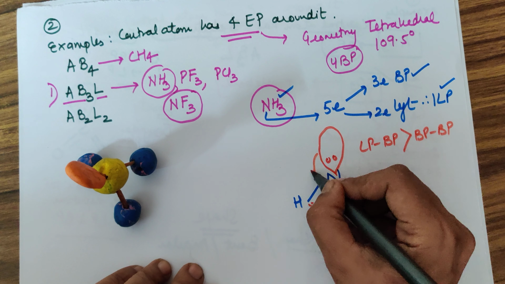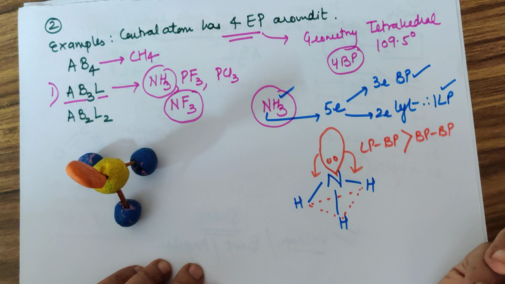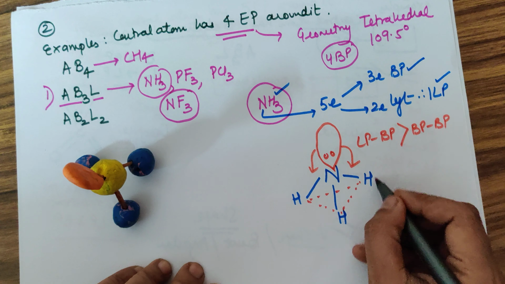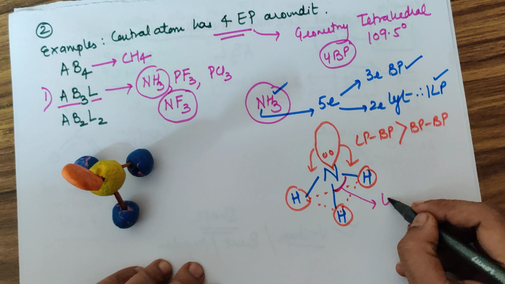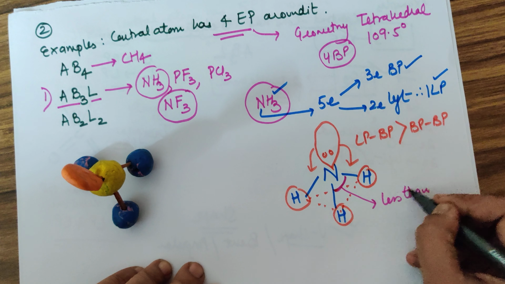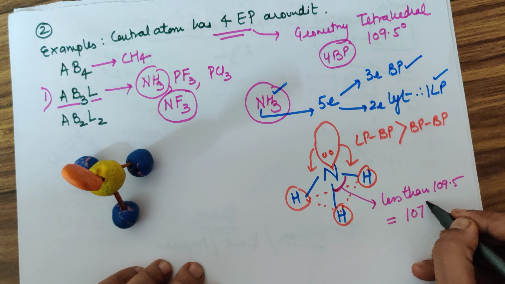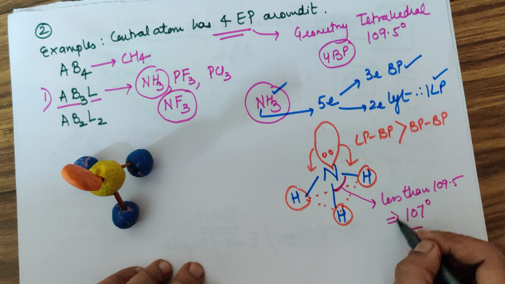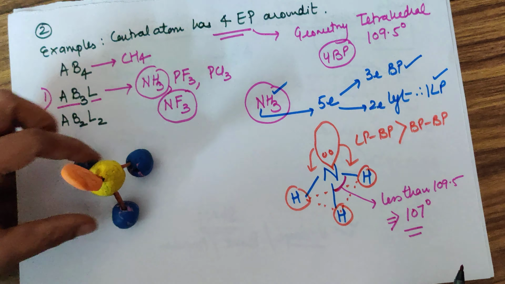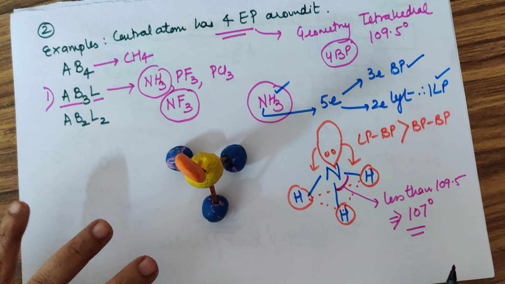Therefore this lone pair repels these bond pairs strongly. Hence these hydrogens move closer. Hence this particular bond angle is less than 109.5 and it is around 107 degrees, which you should remember for ammonia. So when we talk about the geometry, this is how it looks.